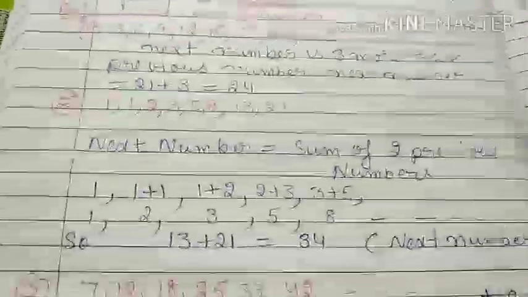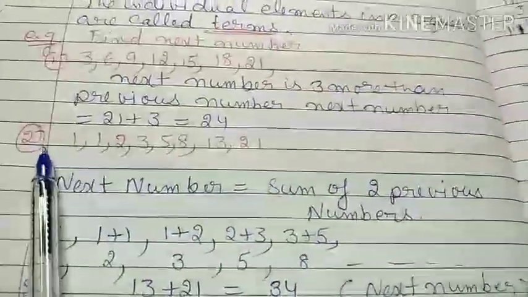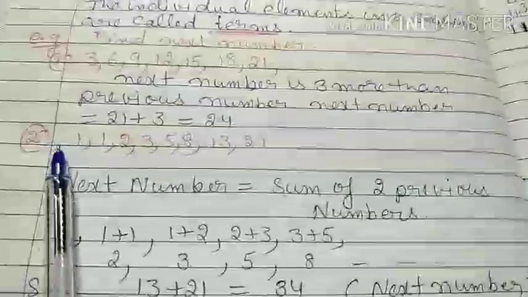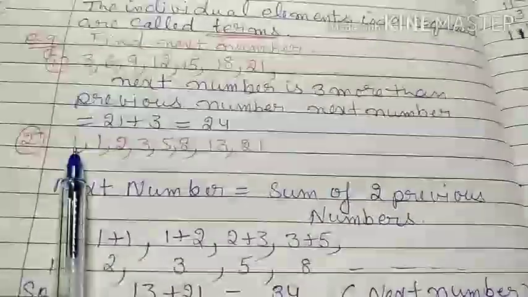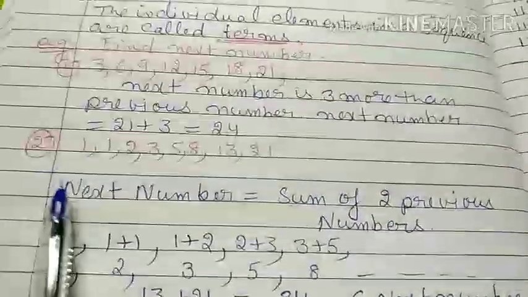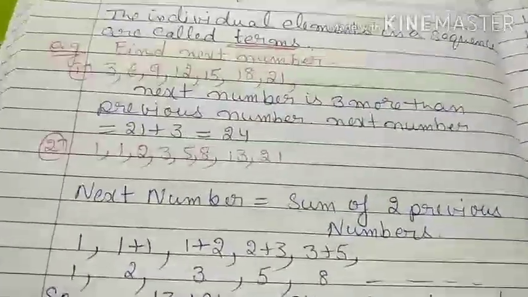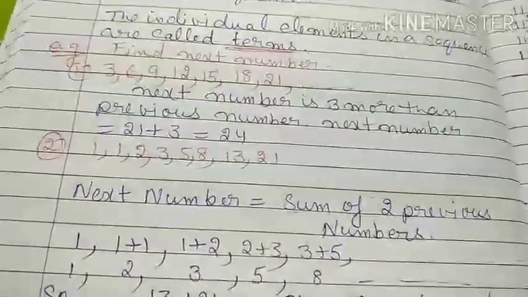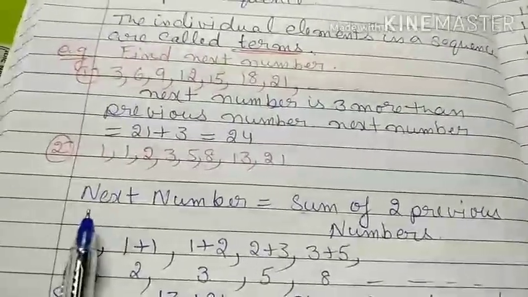Now here I have a different pattern. Suppose the first number is 0, and 0 plus 1 gives 1. So you find the next number by the sum of the two previous numbers. If you add the last two numbers, the answer becomes the next number.